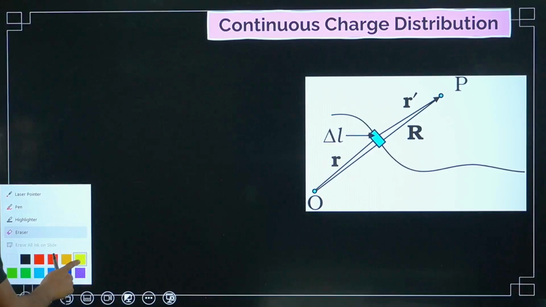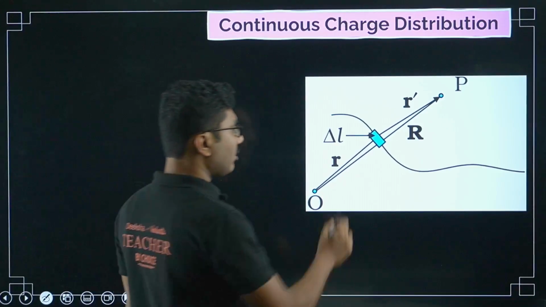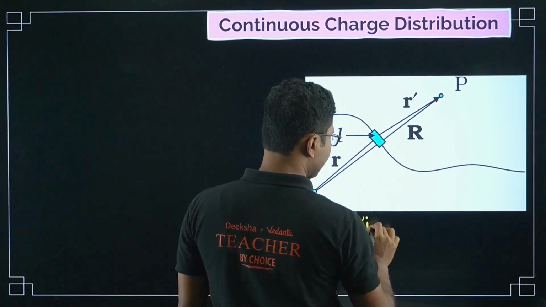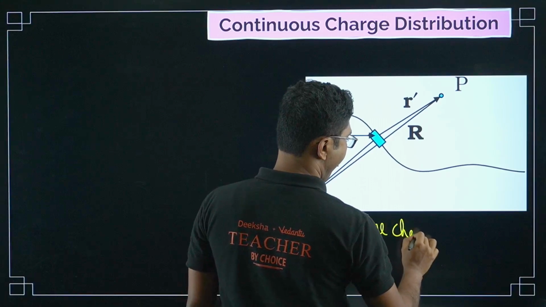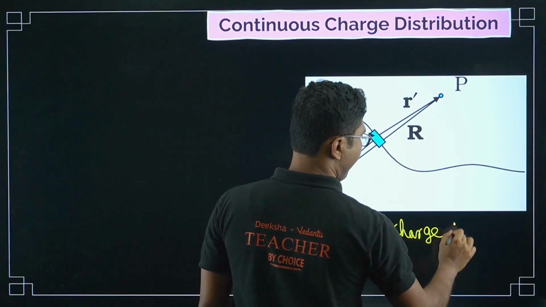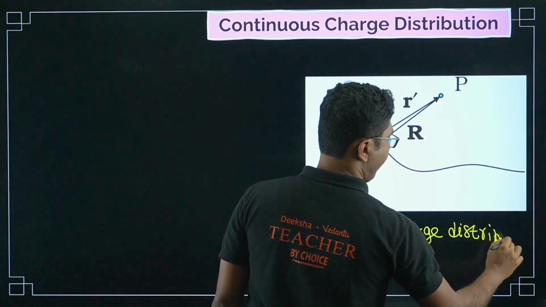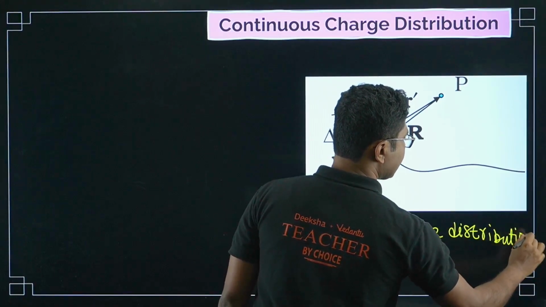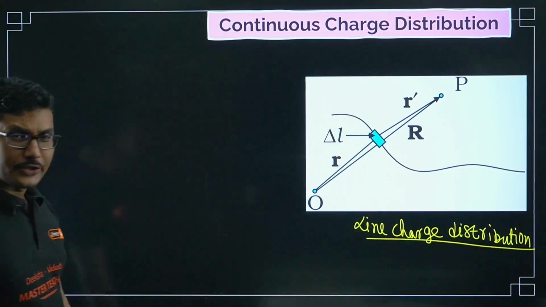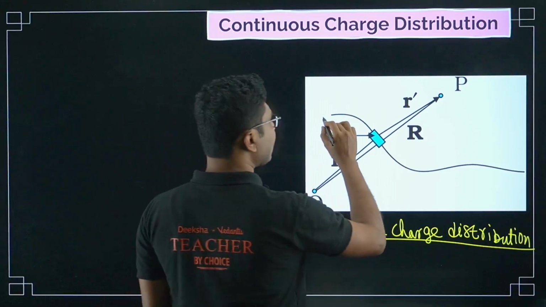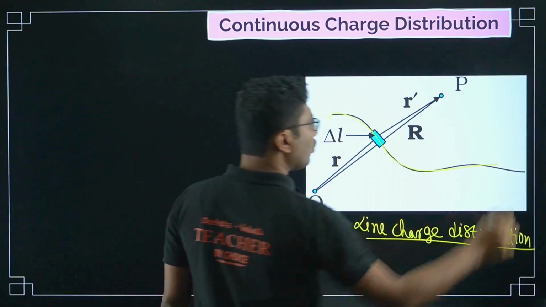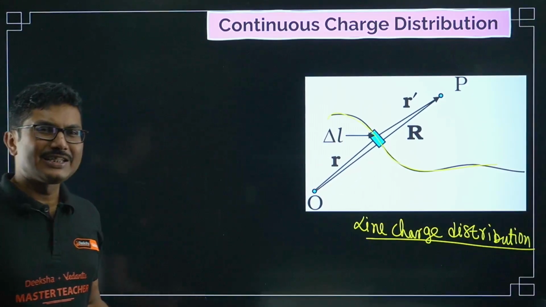First is line charge distribution. What is line charge distribution? As the name suggests, here we have a line which is electrically charged.